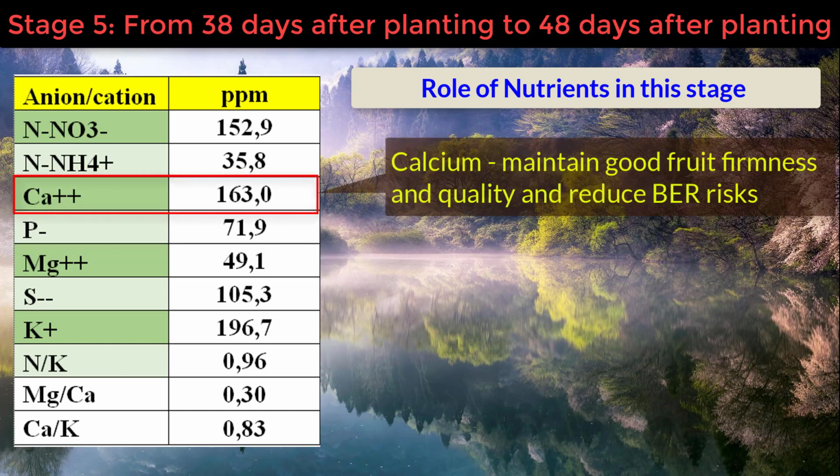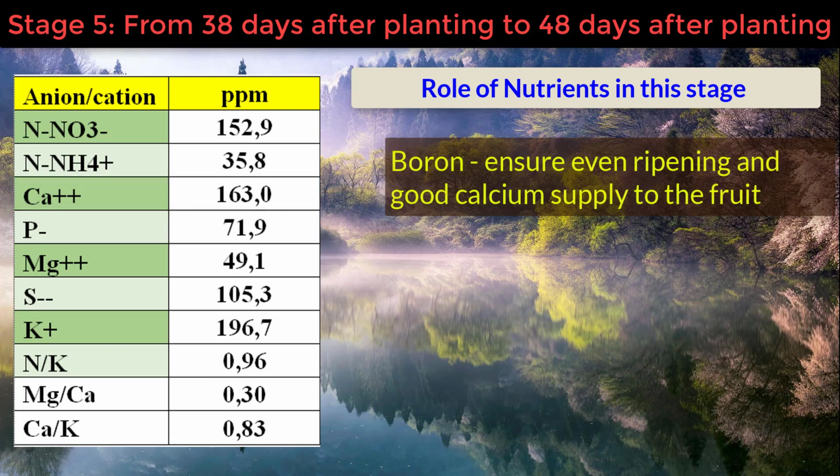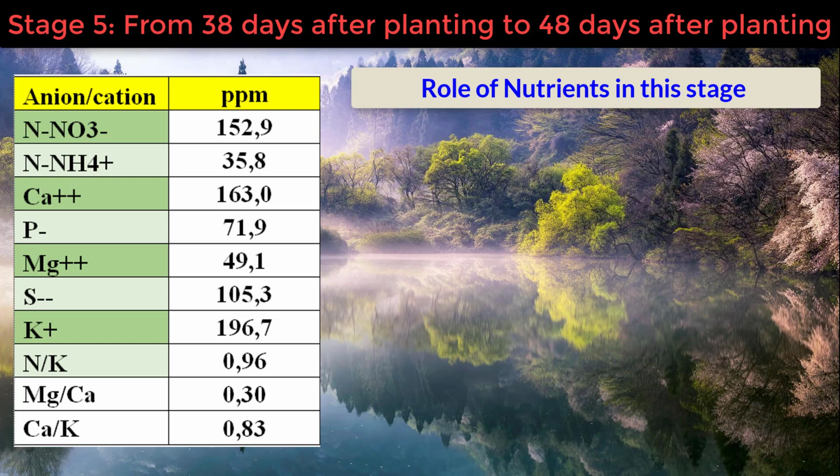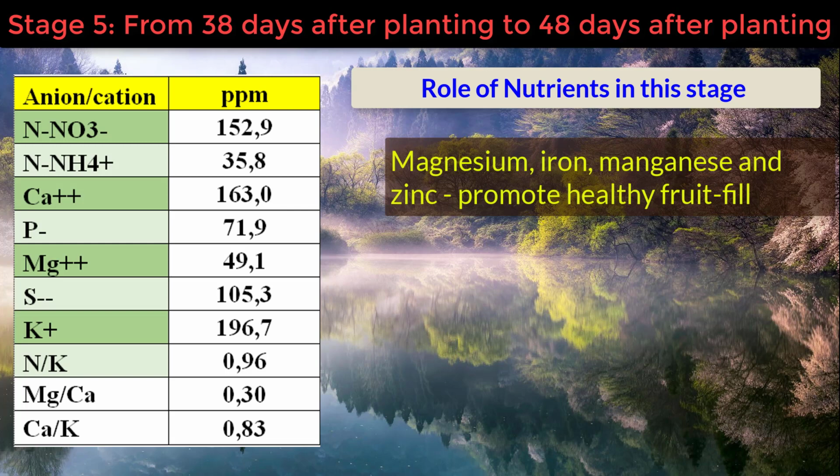Calcium maintains good fruit firmness and quality and reduces BER risks. Boron ensures even ripening and good calcium supply to the fruit. Magnesium, iron, manganese, and zinc promote healthy fruit yield.